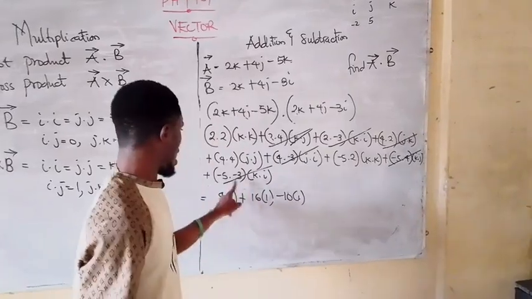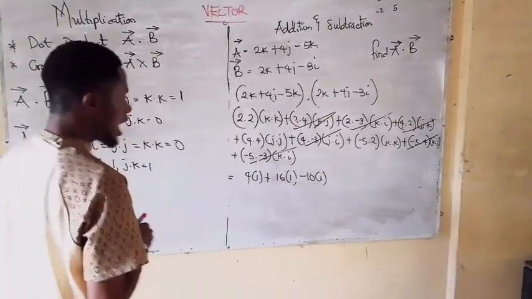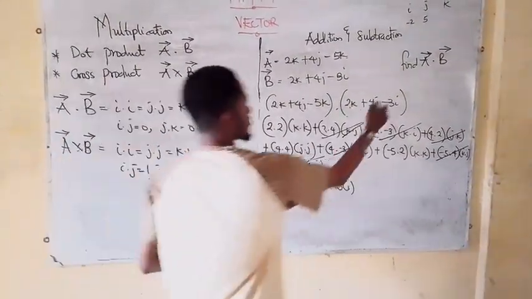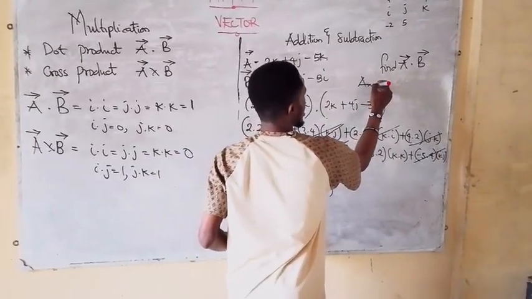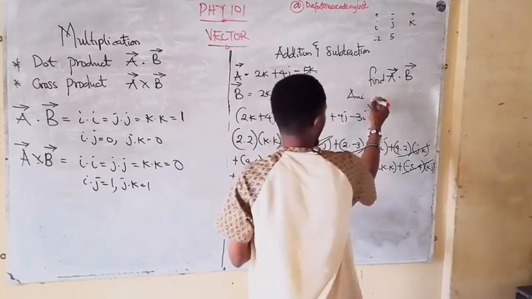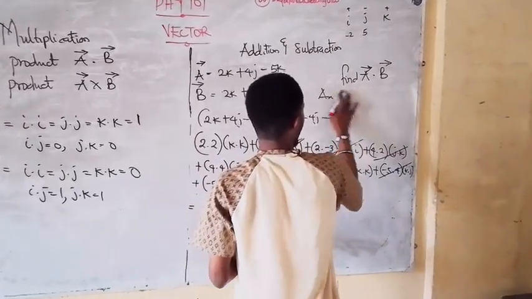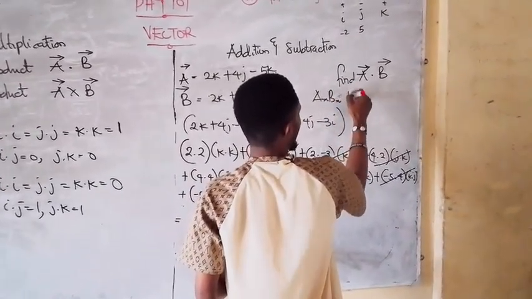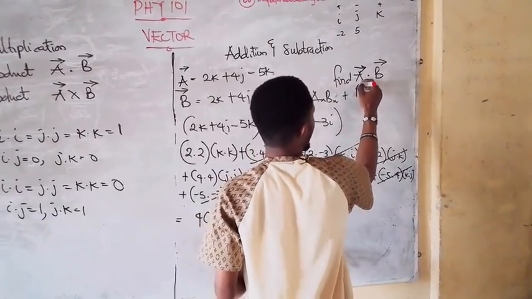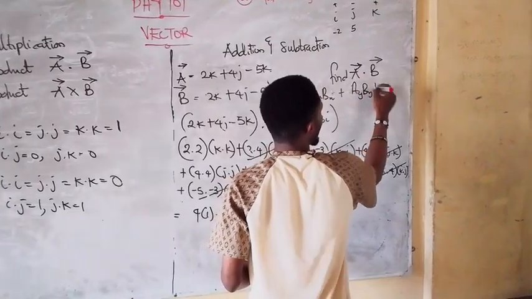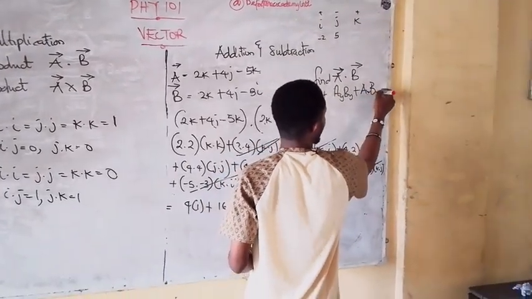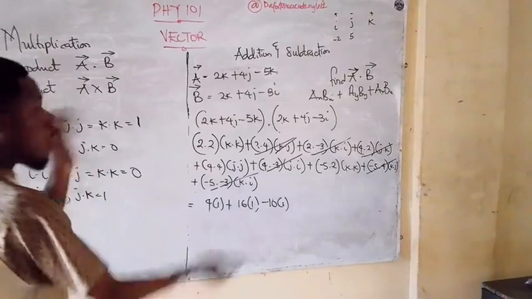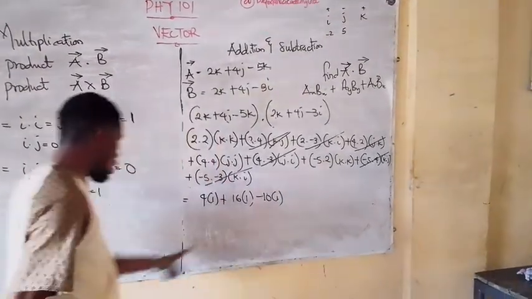Now, you see, it's giving you the 3 terms that I gave you: AxBx plus AyBy plus AzBz. It's giving you 3 terms out of all the terms you have.